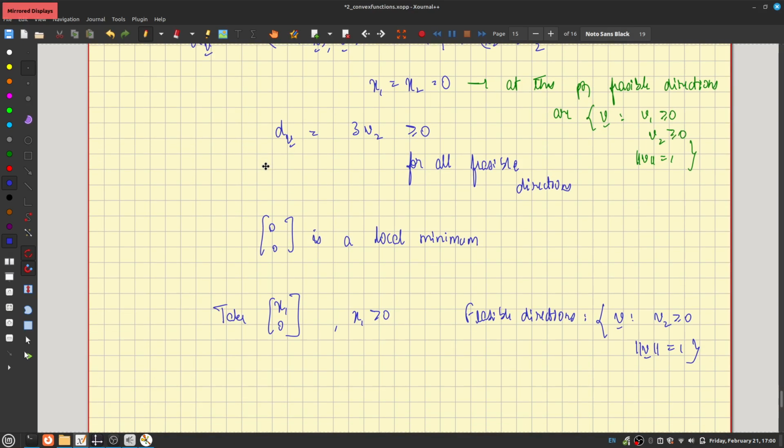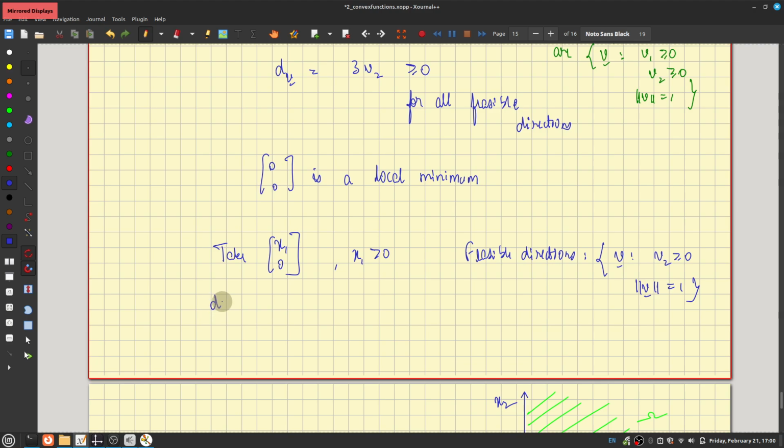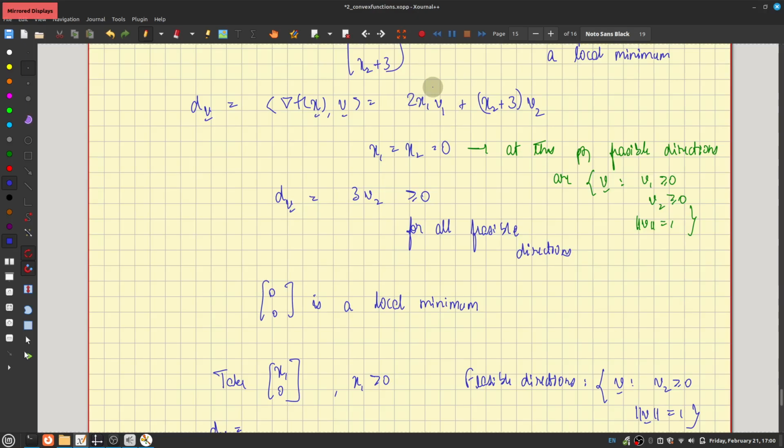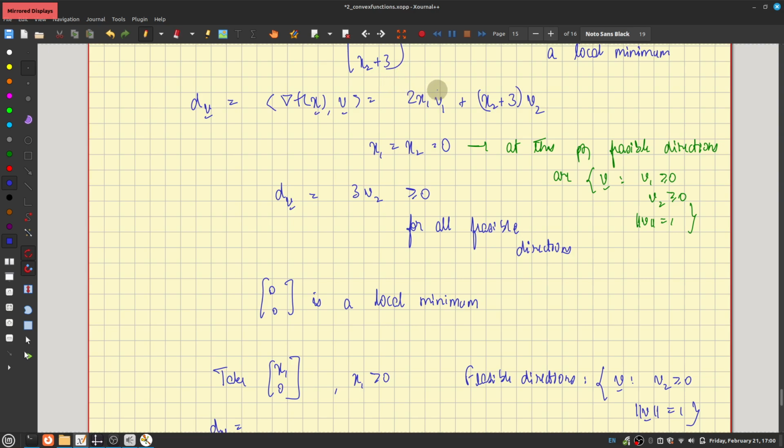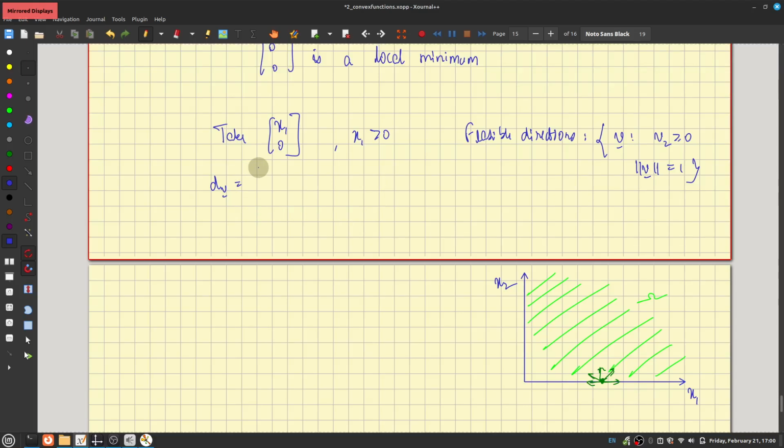Okay, so in this case, what is the directional derivative equal to? It's 2x1 v1 plus 3v2. Right, so v2 has to be greater than or equal to 0, and v1 could be arbitrary.